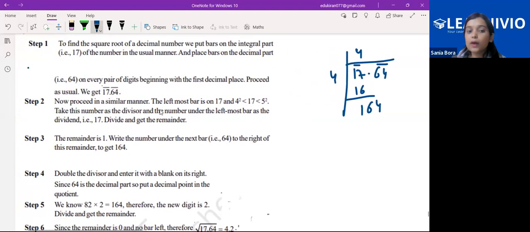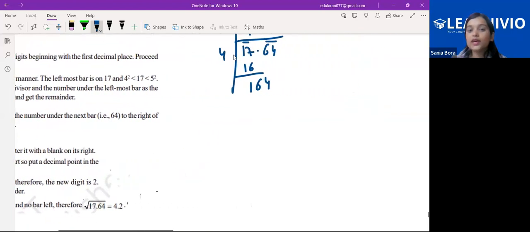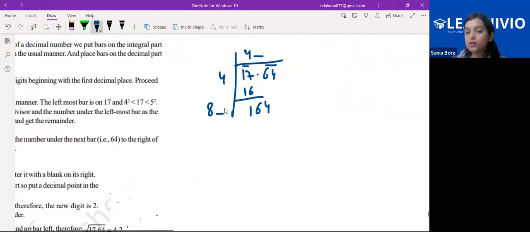Now proceed in the similar manner. The remainder is 1. Write the number under the next bar, so 164 it became. So 4 twos are 8. Then put a blank here. I should multiply with, for example, 2, because 4 comes. So 2 and here also 2. So 82 multiplied by 2 would give you 164.